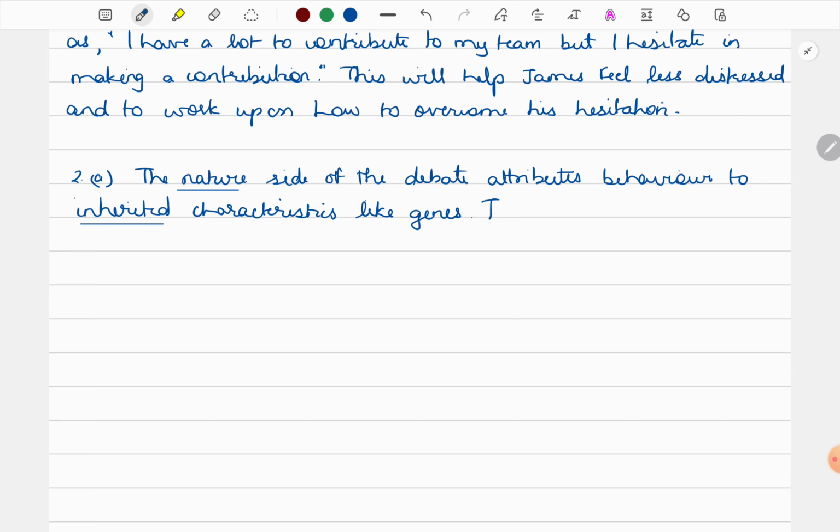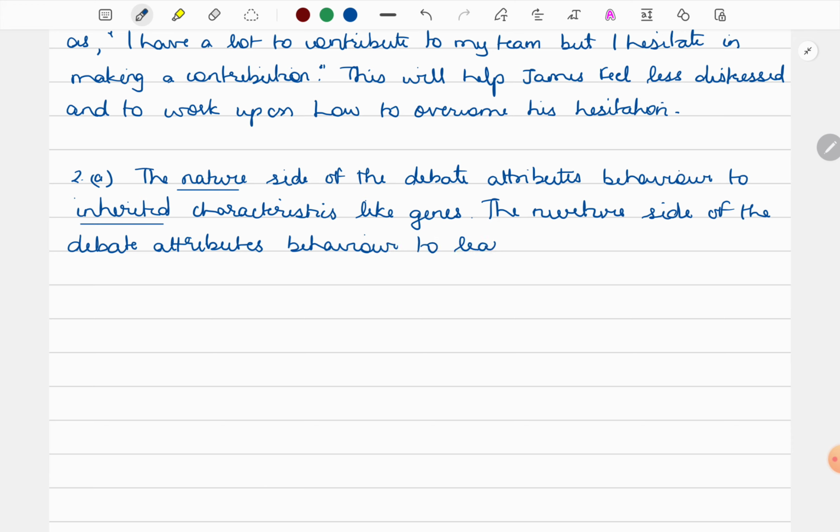The nurture side of the debate attributes behavior to learning from the environment.